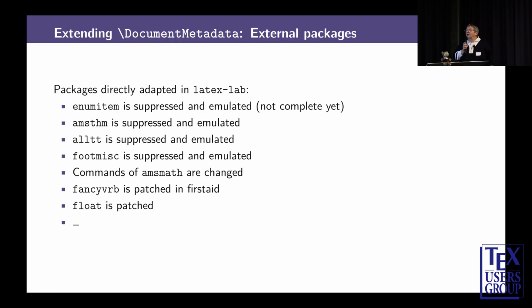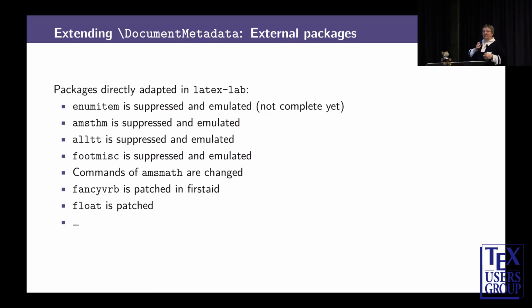I probably forgot some, but this just gives an impression of what is changed. enumitem is now suppressed and emulated. If I say "now", I always mean the latest LaTeX; earlier it can be different because it's changing.